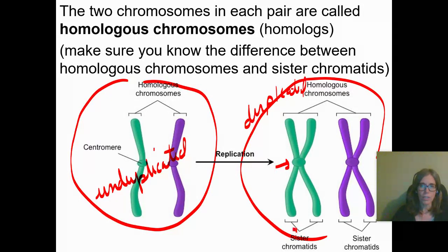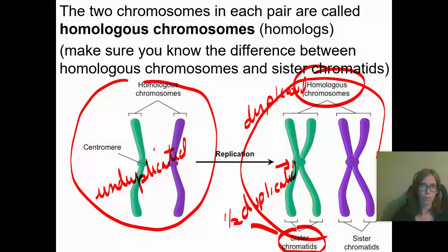I need to tell you the difference between sister chromatids and homologous chromosomes. A sister chromatid is half of a duplicated chromosome. So the way I just defined it, I would say there are no chromatids over here.